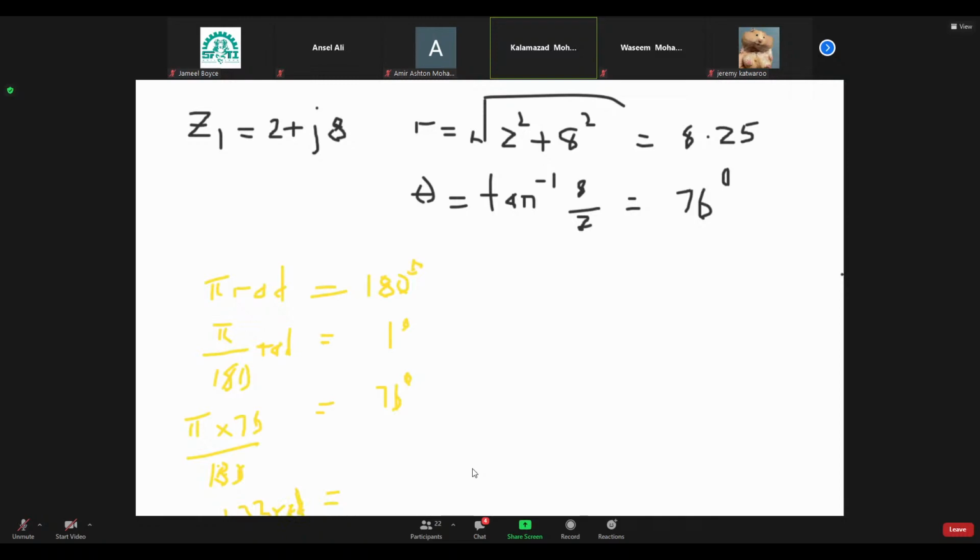Right. So watch this. So therefore, Z1 equals 2 plus J8. Well, we didn't need to sketch this because 2 plus J8 is in the first quadrant, so we don't have a problem. All right. It's going to be equal to 8.25.